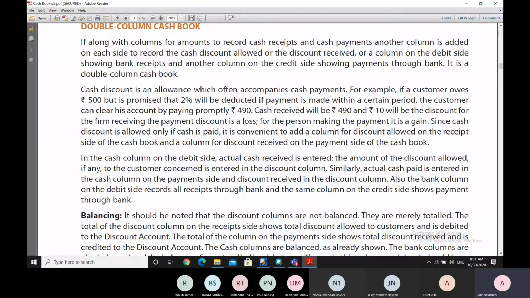Similarly, actual cash paid is entered in the cash column on the payment side, and any discount which is received will be written in the discount column on the payment side. Now the bank column on the debit side records the receipts through the bank, and the bank column on the credit side shows the payments through the bank.